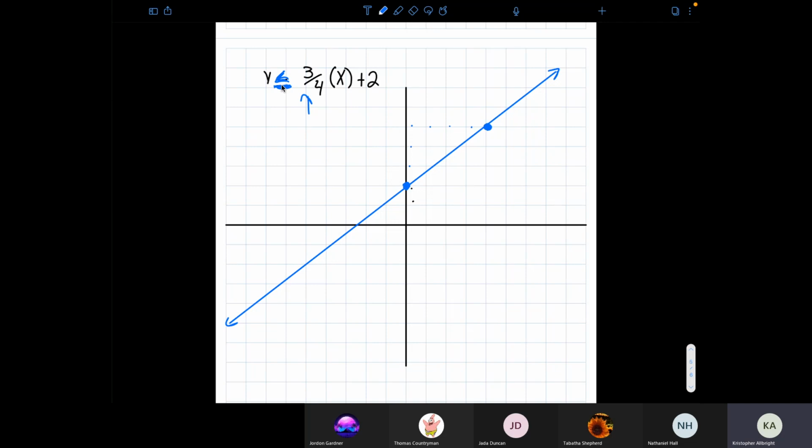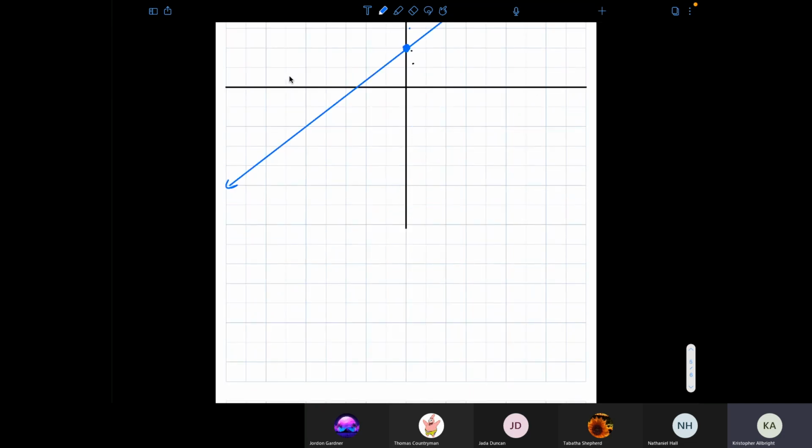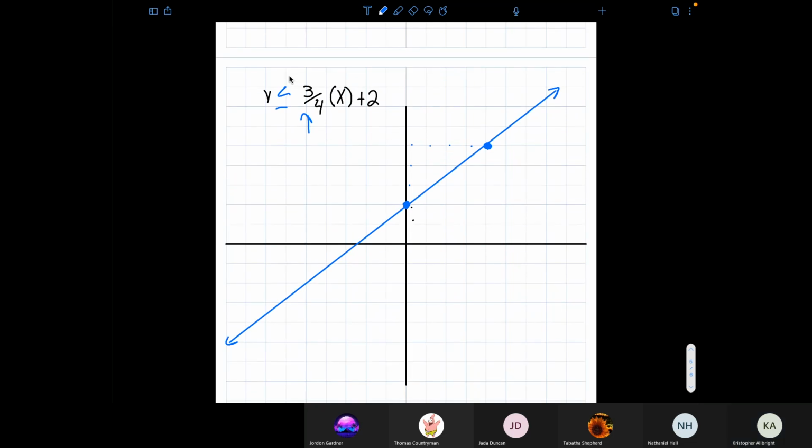If it were just less than, we would use a dashed line. So from here, we need to shade. So we're dealing with y is less than or equal to. So y is on the lower end. So we drop something on our graph to determine which one is upper and which one is lower.